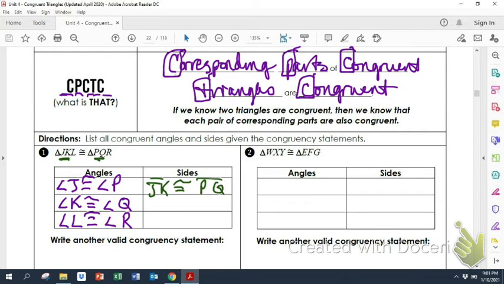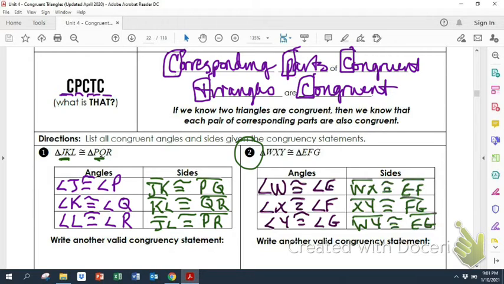And that KL is congruent to QR. And finally, that JL is congruent to PR. Okay? So that's that one. On the next one, I want you to go ahead and try this next one. I want you to pause the video for a minute and try number 2 on your own.